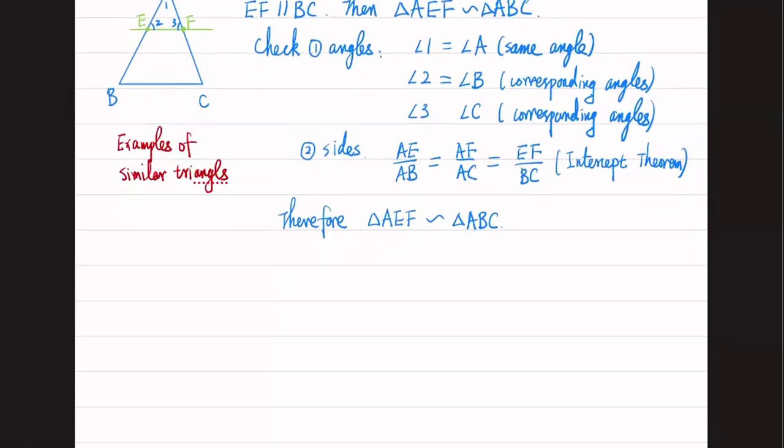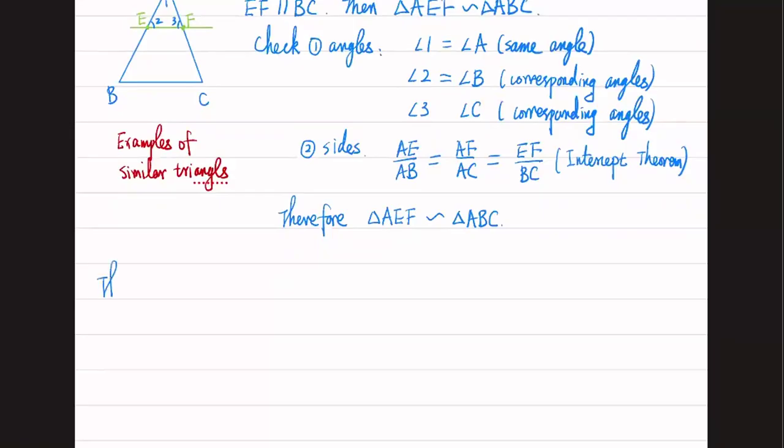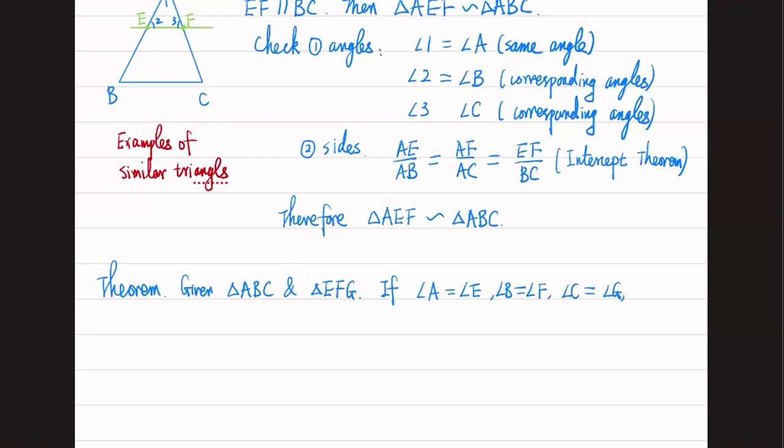Now we go to the theorem of similar triangles. Given two triangles, if we can check the angles condition, then it's sufficient to conclude the two triangles are similar.